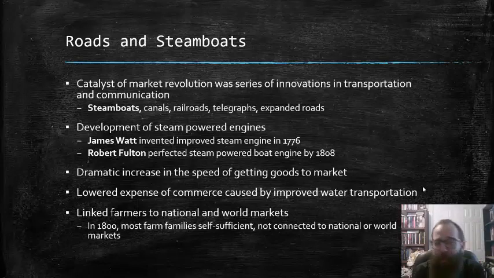In 1800, most farm families were self-sufficient and not connected to national or world markets. But this market revolution would radically transform that and shift farming, particularly in the North, more towards commercialization and less towards self-sufficient homesteading.